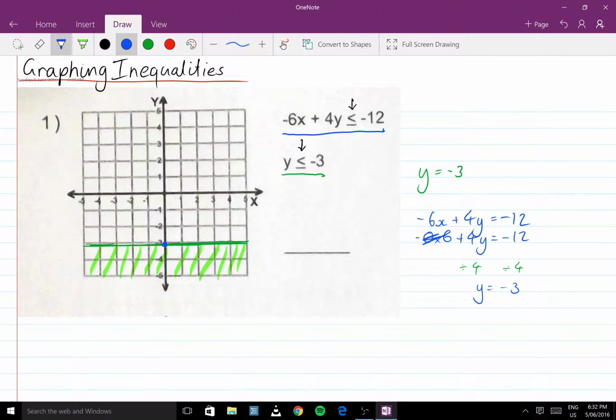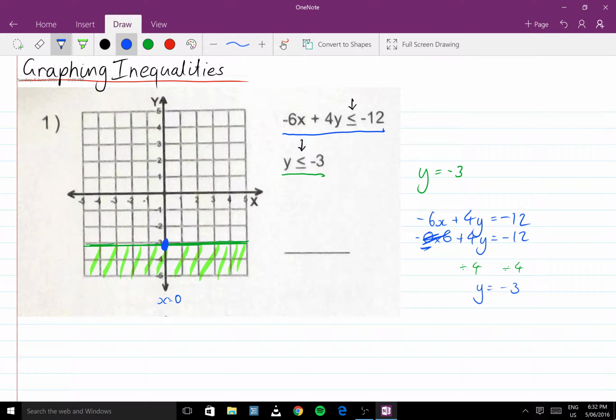And here is the point where x is 0, because it's on the x equals 0 y-axis, and it's at the point minus 3. So it solves for x being nothing that I used up here, and y being what it is, which is minus 3. Now I'm going to do the same job, except I'm going to pretend y is 0.